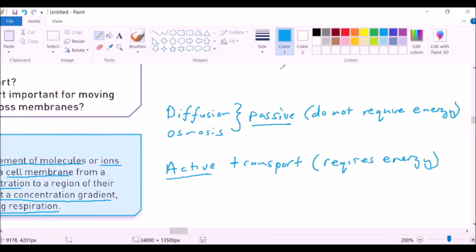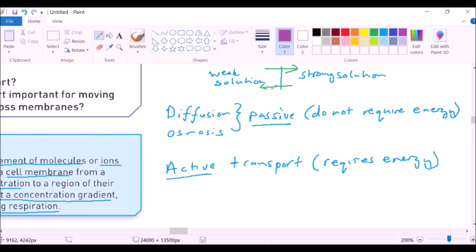Now, if we have a weak solution and a strong solution, in diffusion, particles of the solution will move from the strong solution to the weak solution. And in osmosis, water will move from a weak solution to a strong solution.